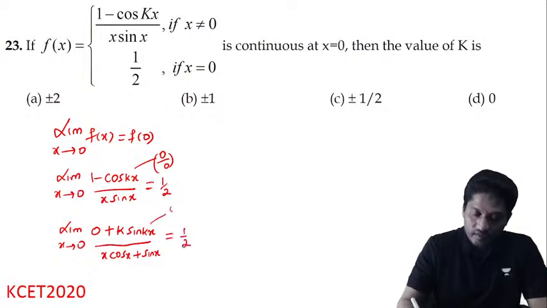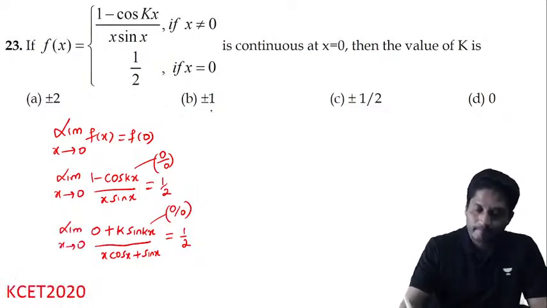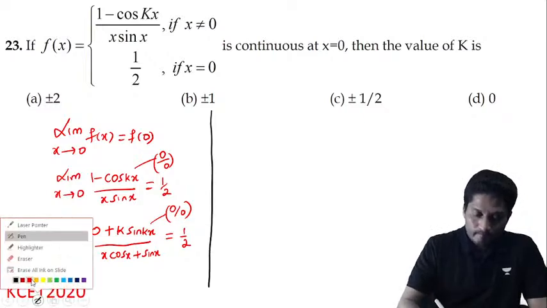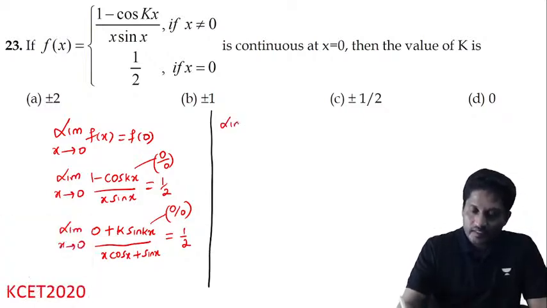Again, this is 0 by 0, so we'll use L'Hopital's rule once again. Limit x tends to 0 of the differentiation of sin kx, which is k cos kx. In the denominator I'll use the product rule: first function into differentiation of second, plus second function into differentiation of first.